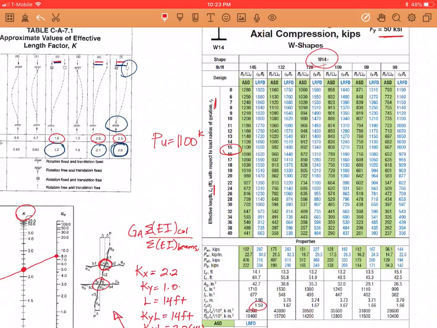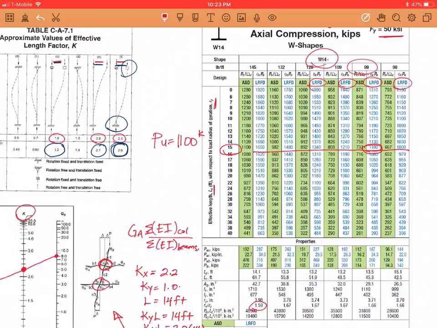Then all we need to do is go across this 15 line, and if we're designing for LRFD, we just need to find the first column that is greater than or equal to 1100 kips, and it looks like the W14 by 99 is the winner in this particular situation, right?